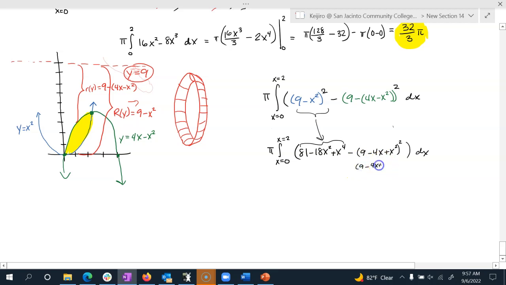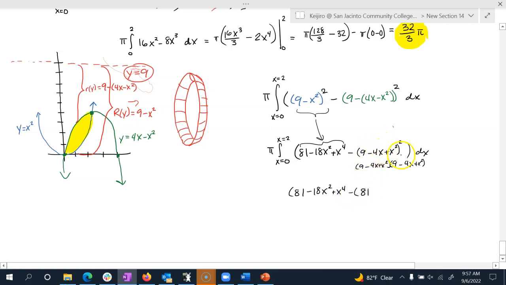Yes, that is not nice. But it's 9 minus 4x plus x squared times itself. So it's going to be a lot of things.